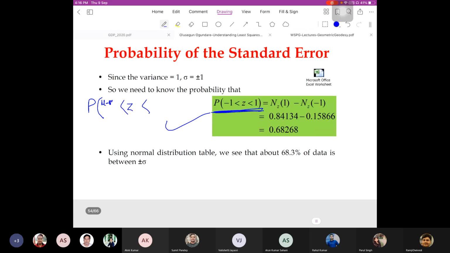Sorry, the new version is not working anymore. I don't know what happened. Anyway, so you want to write mu minus sigma to mu plus sigma, this is your range.